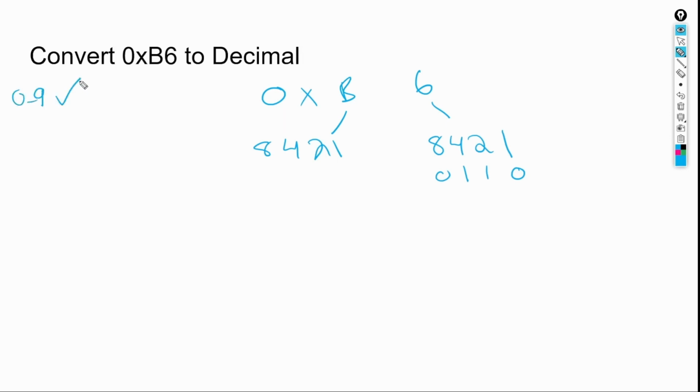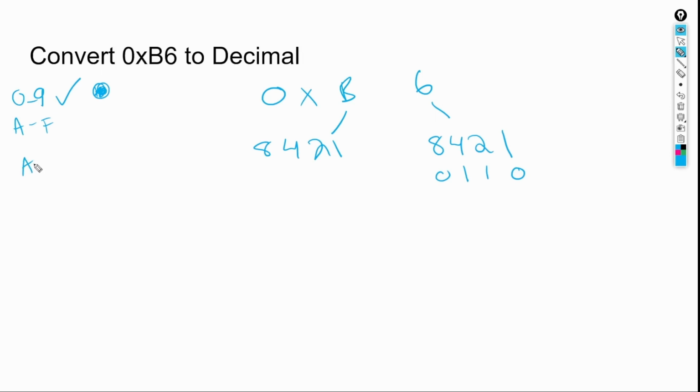0 through 9 already set. We just write 0, 1, 2, 3, 4, 5, 6, 7, 8, 9. But hexadecimal, remember, adds the values of A through F. So after 9, it's not going to write it as 1, 0. It's just not how computers work.